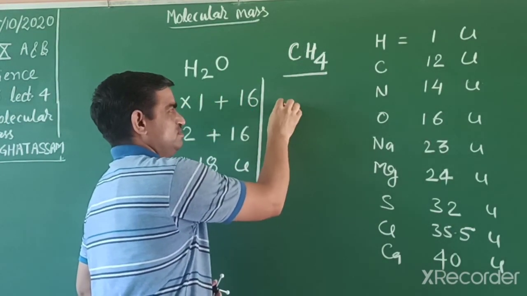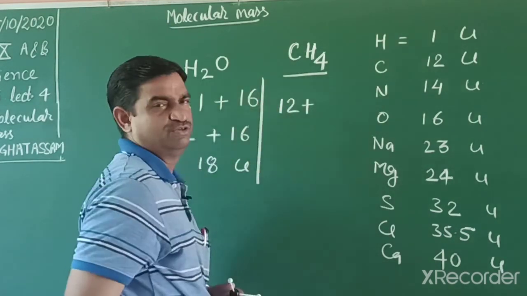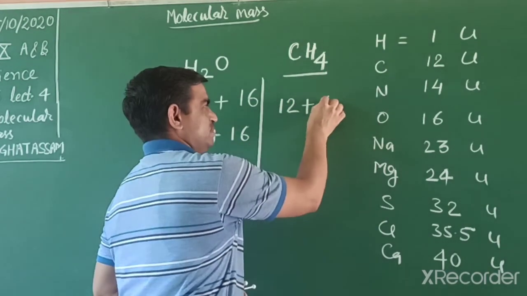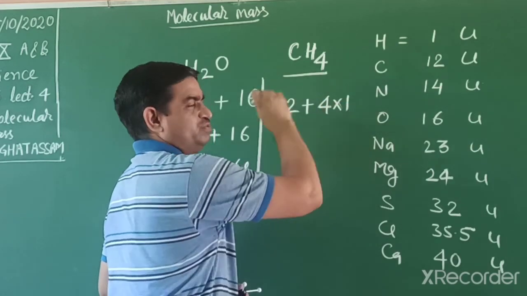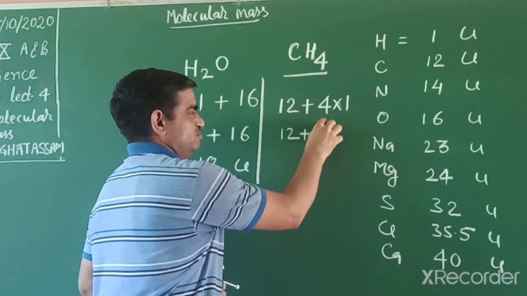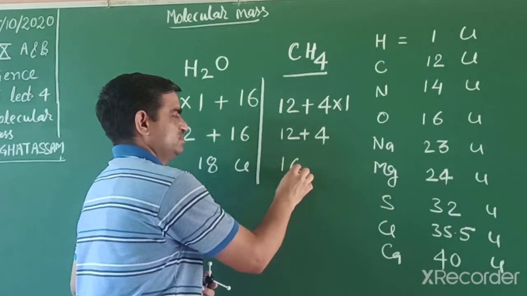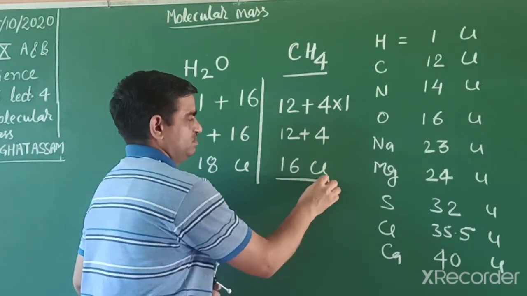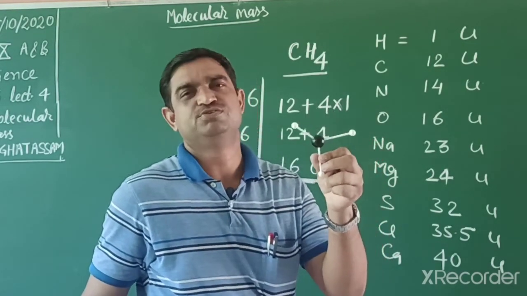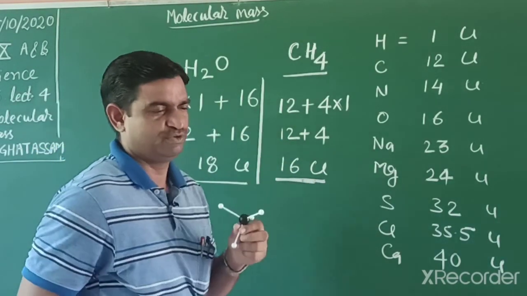Carbon mass is 12 U, and the number of hydrogen atoms is 4, and hydrogen is 1. So we multiply 4 into 1, or directly write 4, then the mass is 12 plus 4. The total sum is 16 unified mass. So one molecule of methane has a mass of 16 U. So this 16 U, and water's 18 U, are molecular masses.